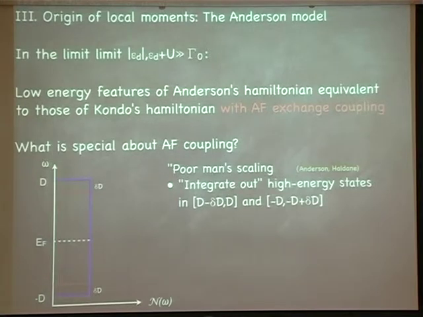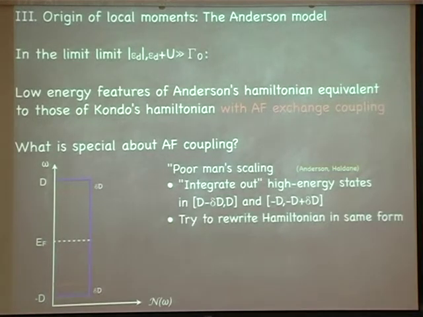Since you have been introduced to the path integral formulation, you can actually think of how this has to be done. You take the states or the Grassmann variables which live at high energy, perform that integration, and then what you get is a renormalized action. If you then try to rewrite this renormalized action in the form of the previous action, you get a connection between the old interaction and the new renormalized interaction.